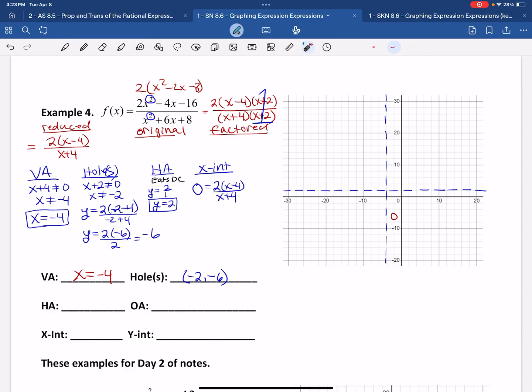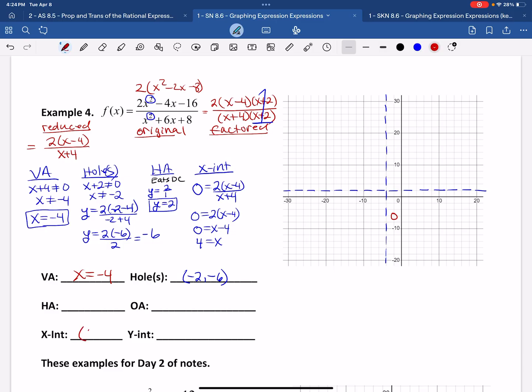And remember, I'm going to multiply both sides by x plus 4, so I'm going to have 0 equals 2 times x minus 4. I'm going to divide both sides by 2, so 0 equals x minus 4. So 4 equals x. So the point then is my x-intercept is 4, 0.